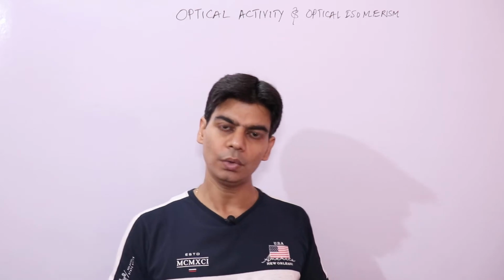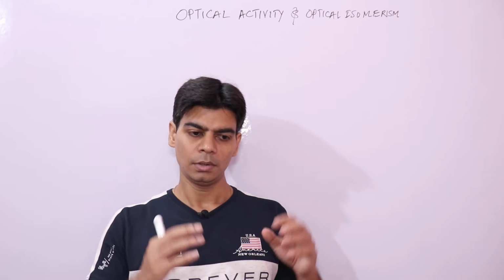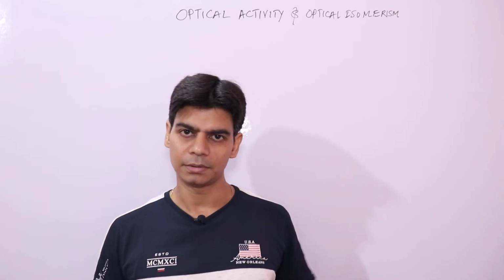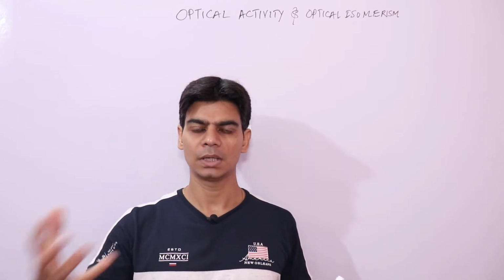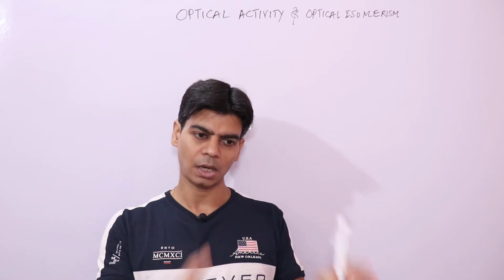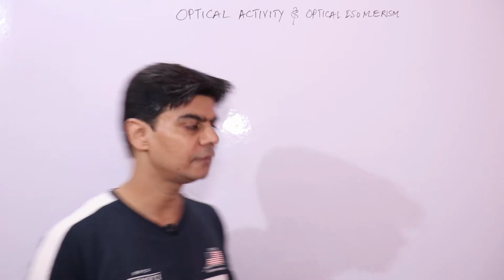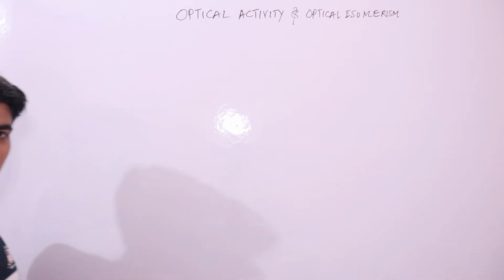In optical activity we look into how light behaves when passed through certain organic compounds, and those organic compounds are isomers. Just understand this; I am giving you a rough idea of what we are going to study.